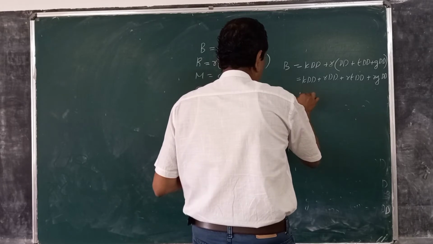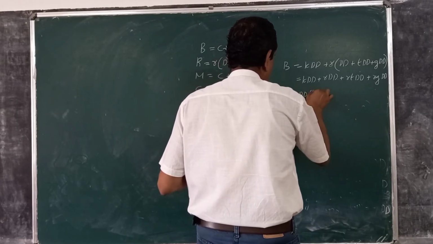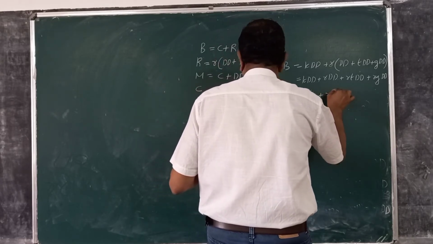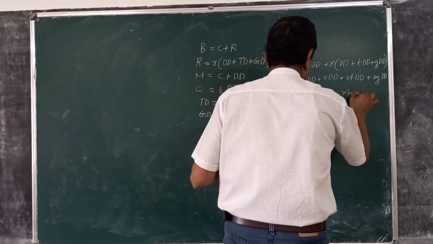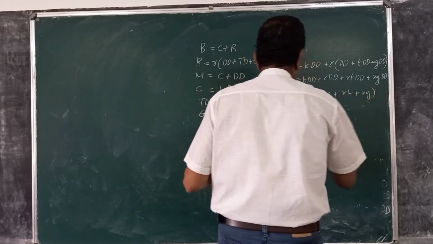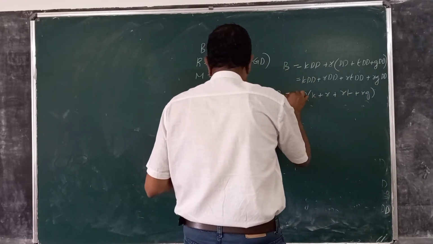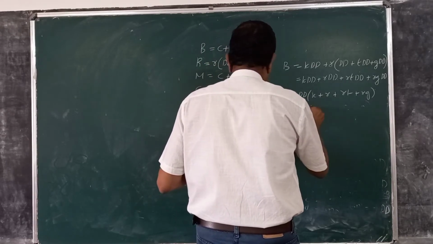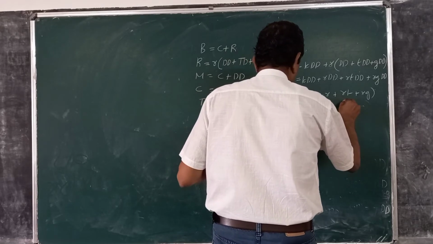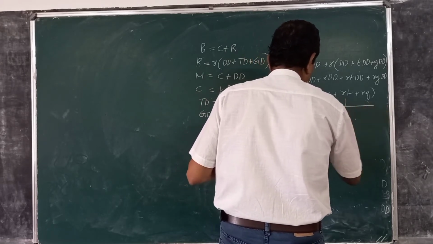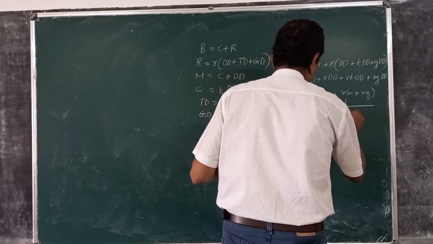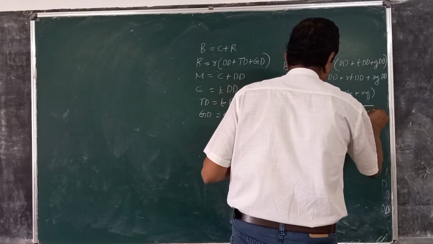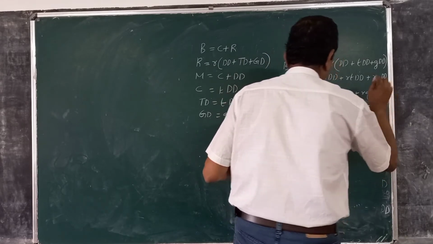Now I take DD out. DD into K plus R plus RT plus RG. B is equal to that, and DD is equal to 1 by K plus R plus RT plus RG into B.